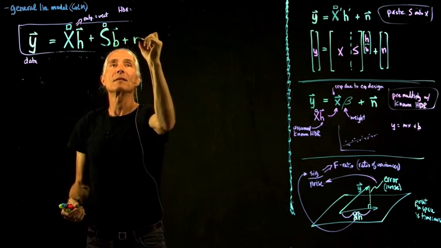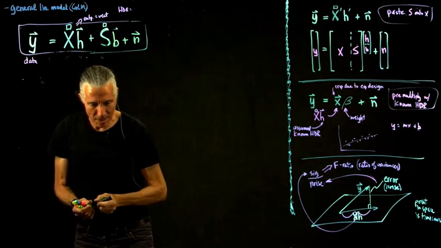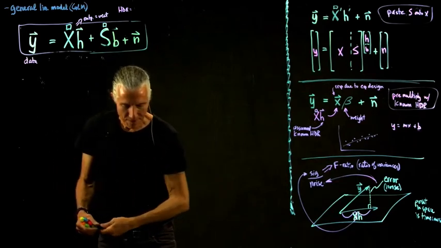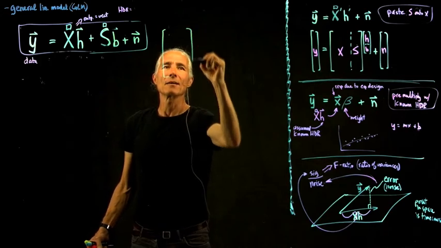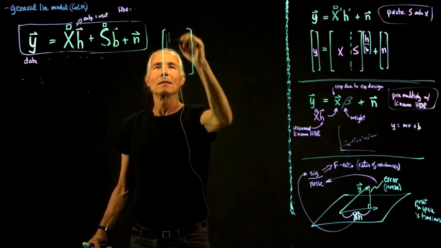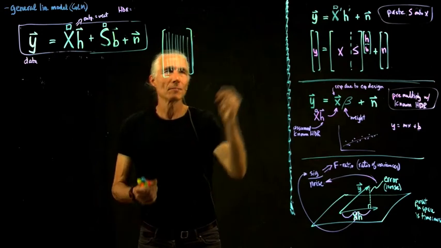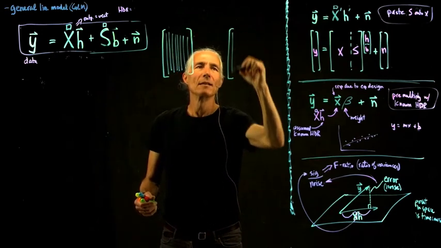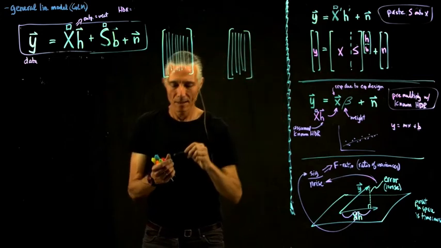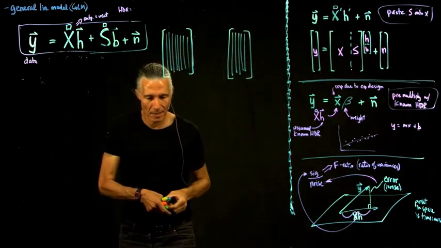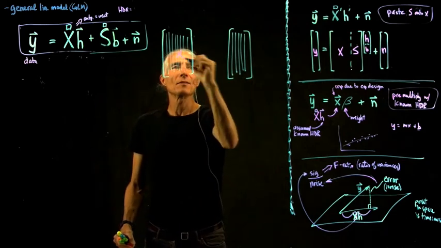Okay, so the columns are the time points, and when we have that matrix, our X matrix, or the S matrix, the height of the columns is time, the time of our data. And how do you think about these?